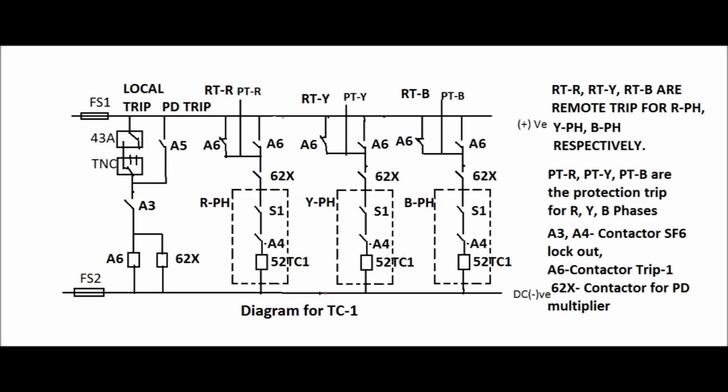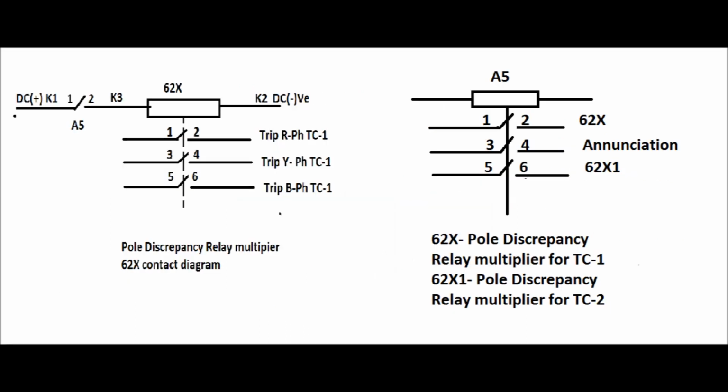A3 and A4 are the contactors for SF6 lockout. If the gas pressure of the breaker is under normal condition, then A3 remains in closed condition. A6 is the contactor for trip 1 and 62X is the contactor for PD multiplier. The diagram for A5, that is the pole discrepancy timer, and 62X has been shown in this figure. In this figure, the contacts for 62X have been shown as 1, 2, 3, 4 and 5, 6.